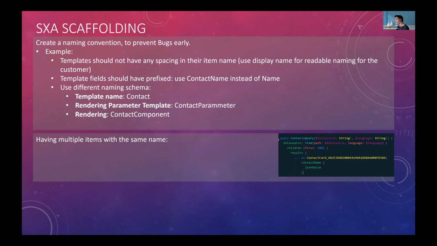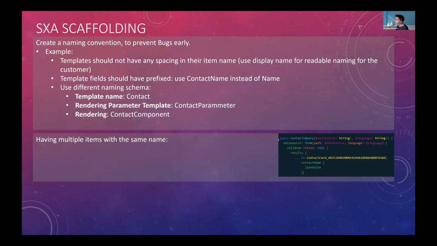These are just some simple examples. For example, the templates shouldn't have any spacing in their names. You can always use a display name. Prefix the template names and avoid having the same name for all of the templates, rendering parameters, and the renderings.